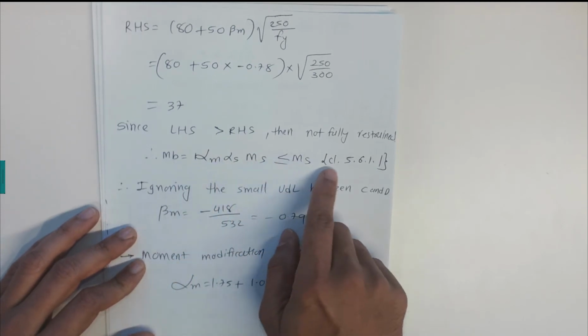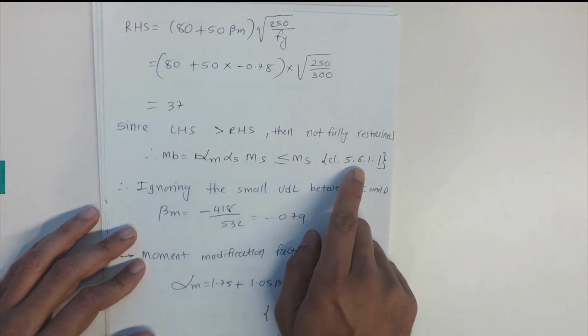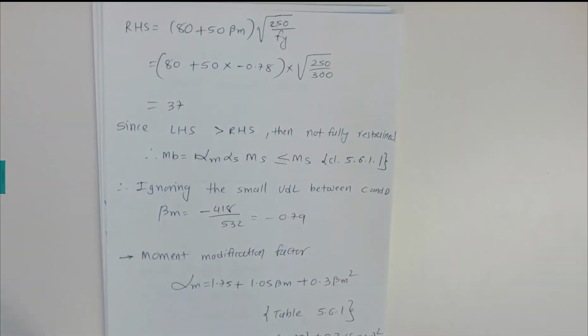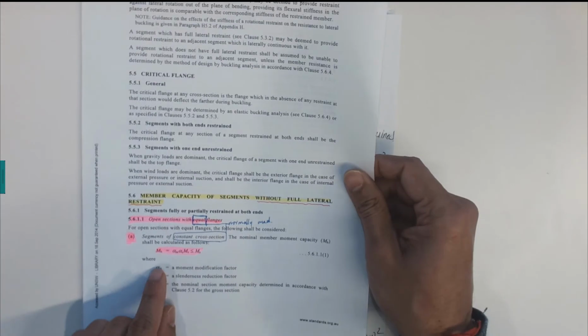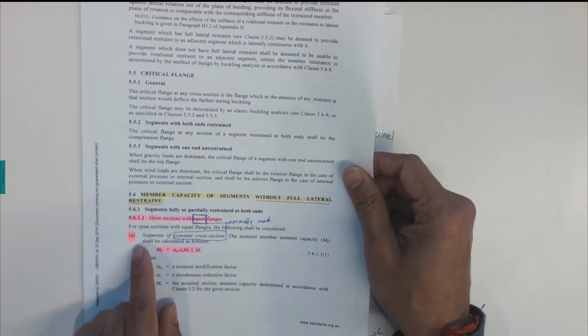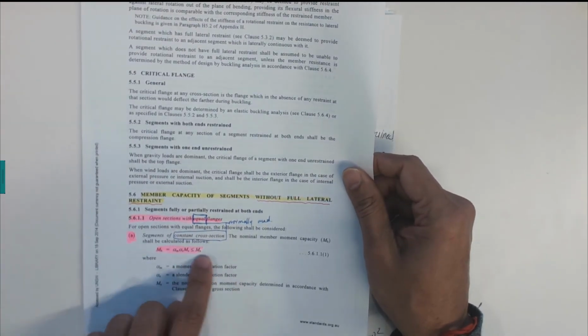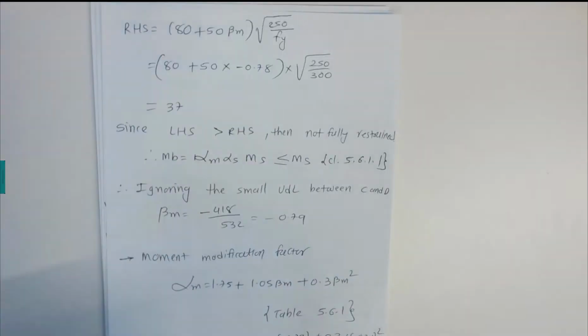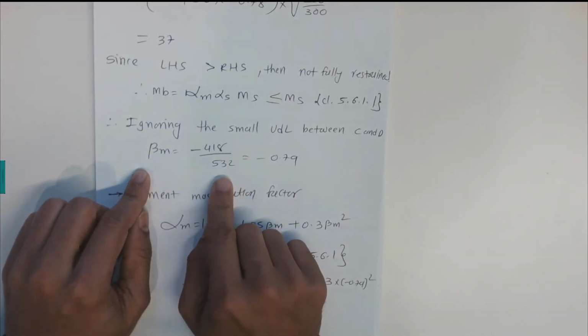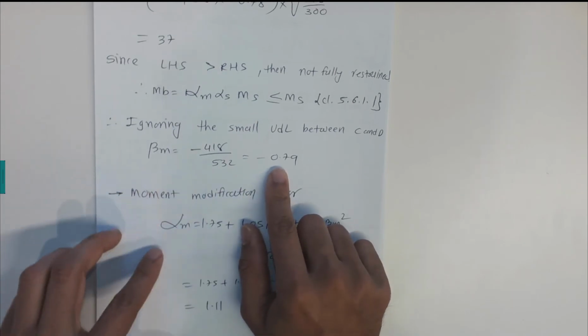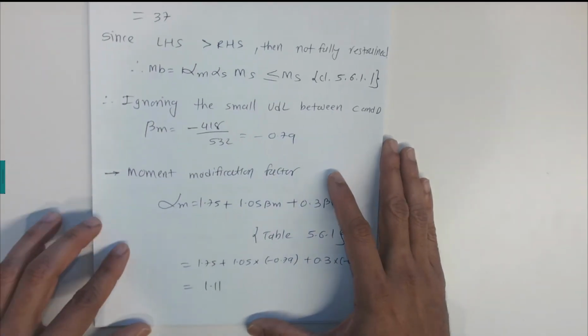This equation comes from AS 4100, page 58, where we have the member capacity in clause 5.6.1. Between C and D, the beta m value is minus 418 over 530, which is minus 0.79; we just calculated that beta m value.